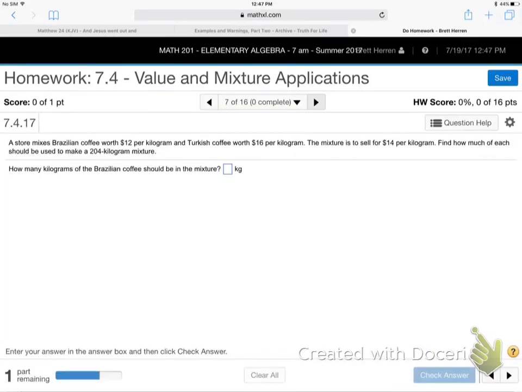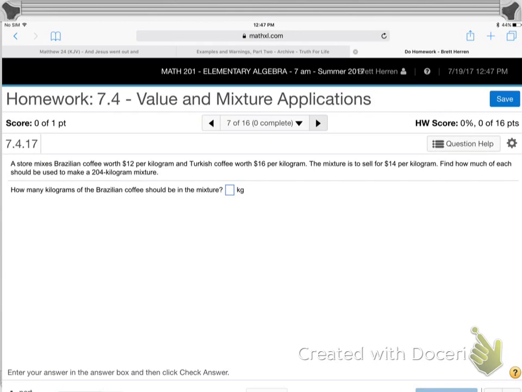After this, because we pretty much got these down, they're just going to repeat after this. So Brazilian coffee. The Brazilian is $12, and the Turkish is $16 per kilogram.